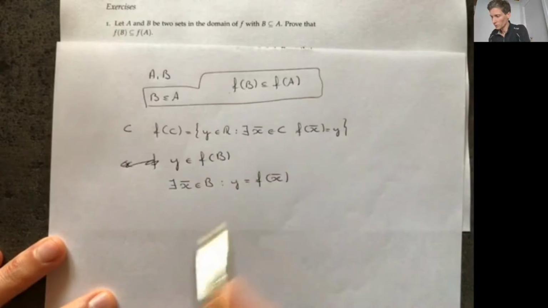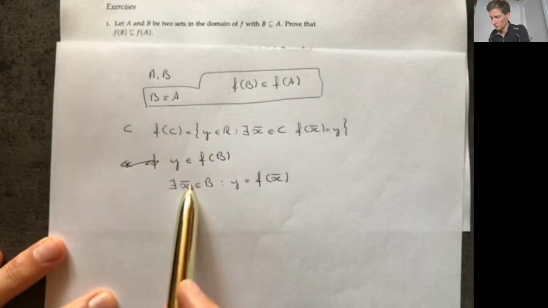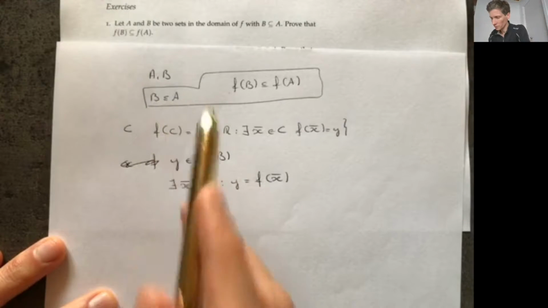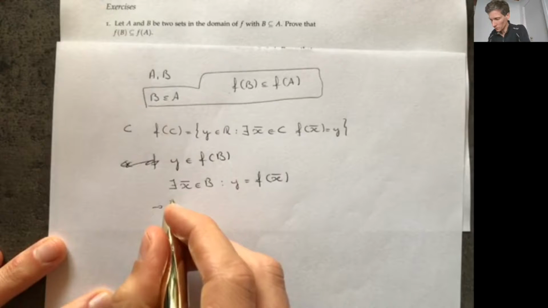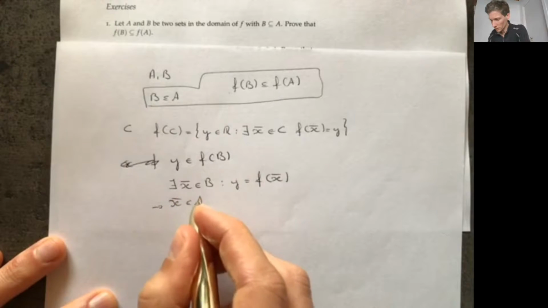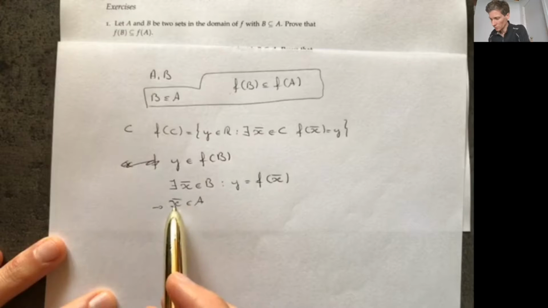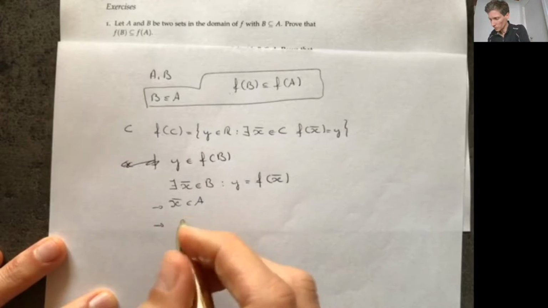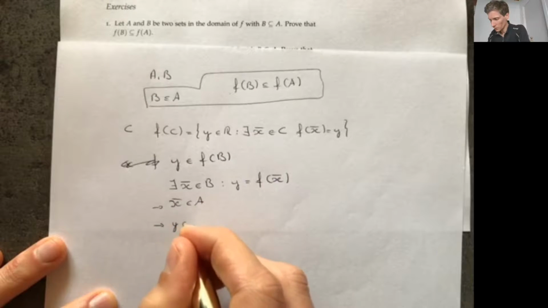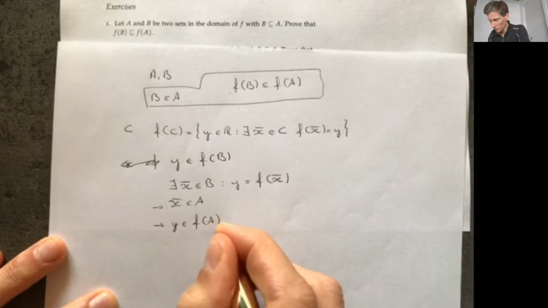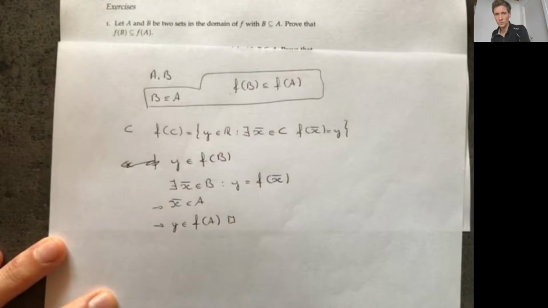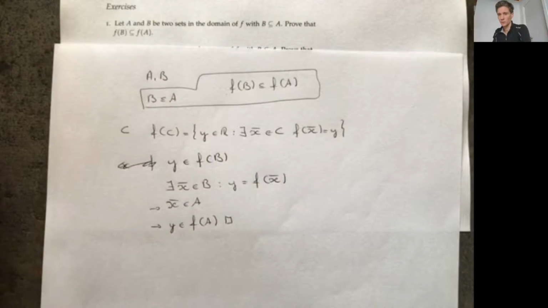This is simply by definition of f of B. If x is in B and B is a subset of A, then it follows that x is in A. So x is in A and y is equal to f of x, and then it follows immediately that y is in f of A. So every element of f of B is also an element of f of A, and we're done.